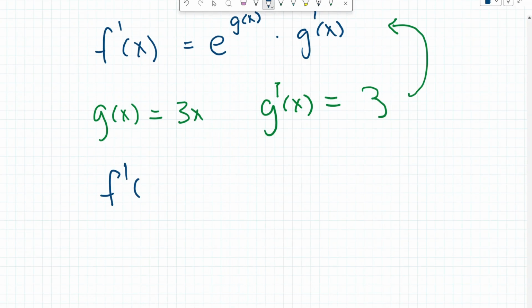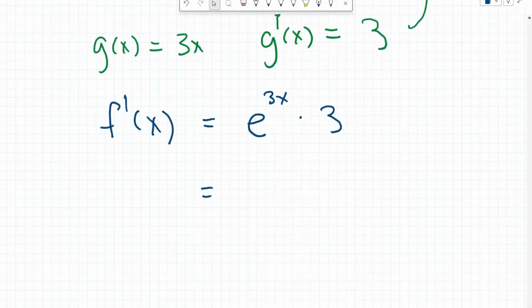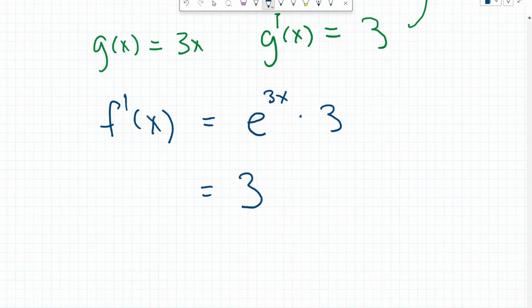Therefore, we have that f prime of x equals e to the power of 3x multiplied by 3. We can rewrite this in a more traditional way so that we have the derivative equals 3 multiplied by e to the power of 3x. And there we have it. Now we learned how to solve exponential functions that have composite functions, so exponential functions that have functions in the exponent. So that was really fun.